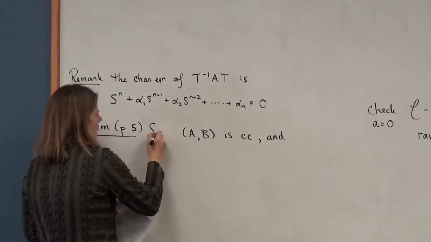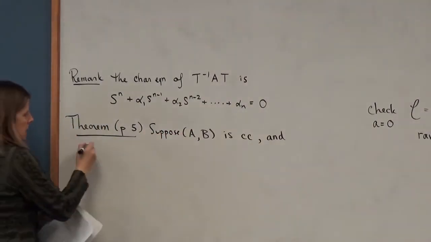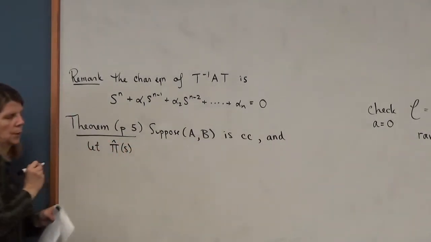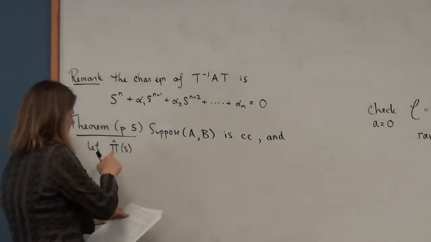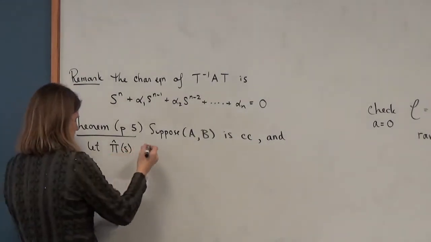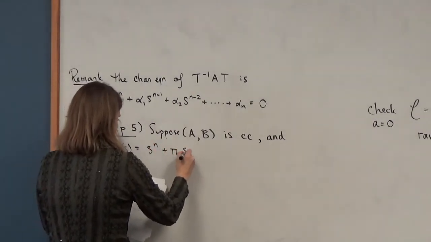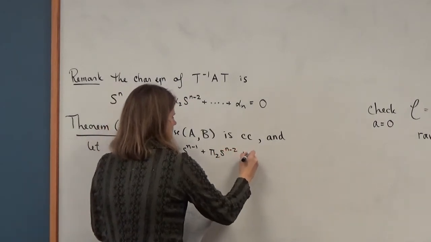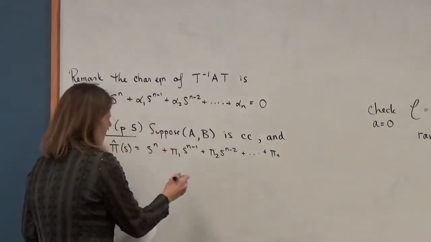Suppose AB is completely controllable, and this is the way we basically say formally that we can place the eigenvalues anywhere we want. Let's define some polynomial whose highest order coefficient is 1. So we call that a monic polynomial, which is s to the n plus pi 1 s to the n minus 1 plus pi 2 s to the n minus 2 plus pi n s to the 0.